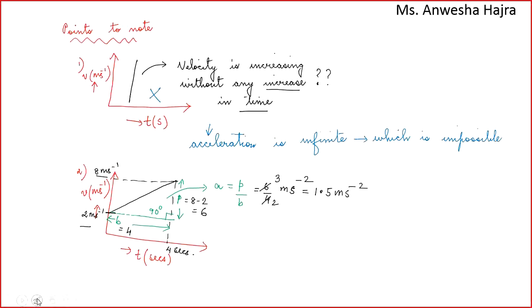Now how do you calculate the distance covered? The distance covered is the area under the graph. Now you can do it in two ways.